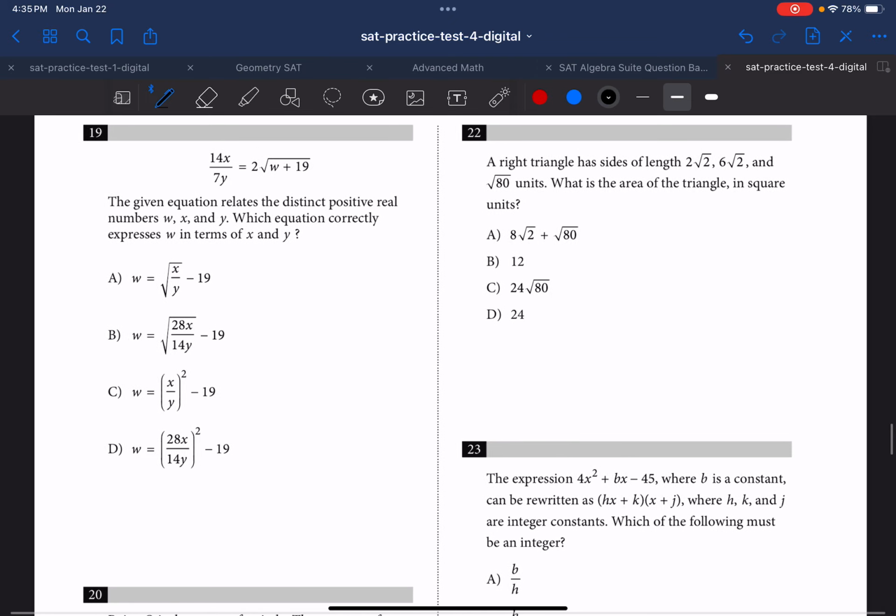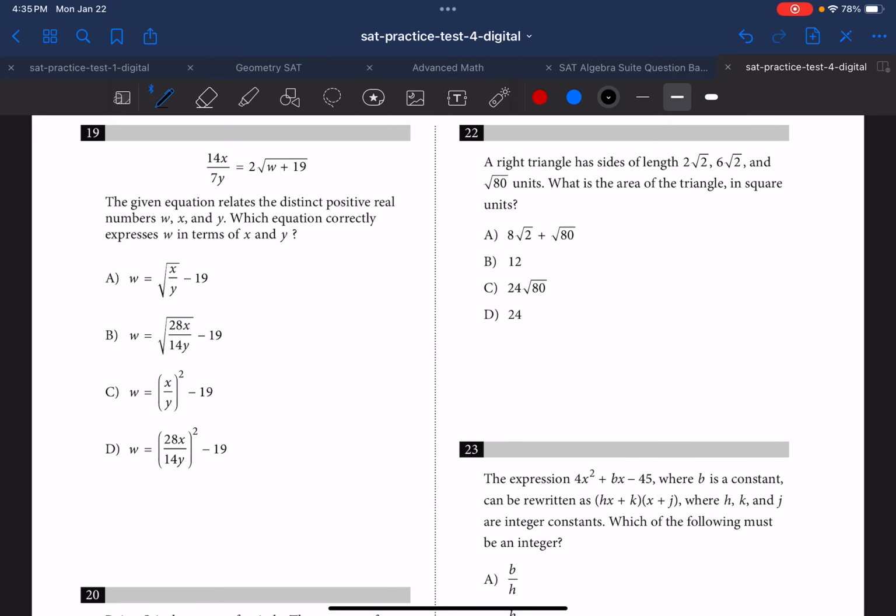Question number 19. Express w in terms of x and y. So we first divide both sides by 2. We get this, and we could also cancel the 7 out. So x over y equals root w plus 19. It's already kind of simple.